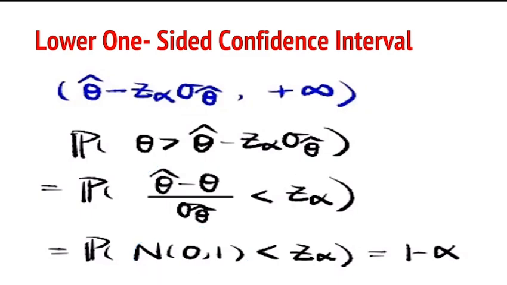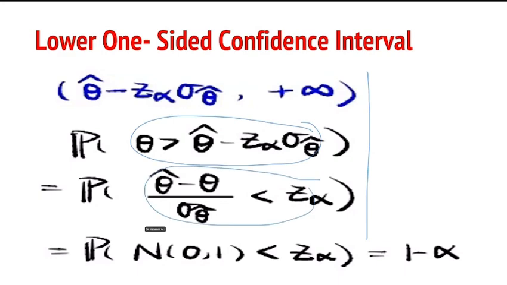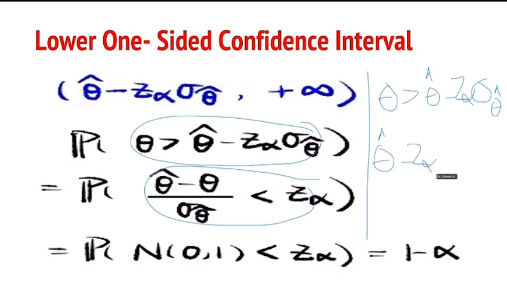Like I said the other time, some of you may be wondering how we go from here to here. Initially I have theta greater than theta cap minus z alpha sigma theta cap. If I want to write from the right-hand side, I'm going to have theta cap minus z alpha sigma theta cap less than theta.